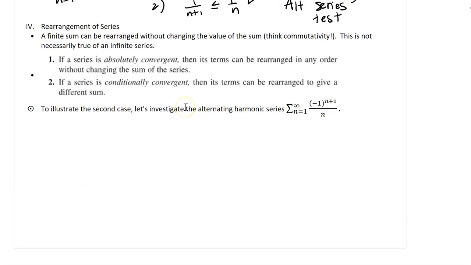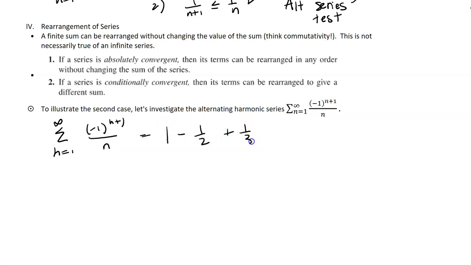So if I were to just list out some terms, my screen jumped down quite a bit. Here we go. If I were to just list out some terms of negative 1 to the n plus 1 power over n, this is conditionally convergent, I would have 1 minus 1/2 plus 1/3 minus 1/4 plus 1/5 minus 1/6.